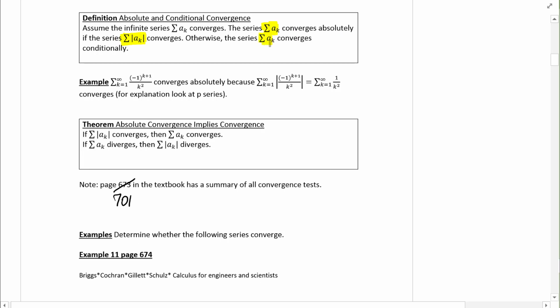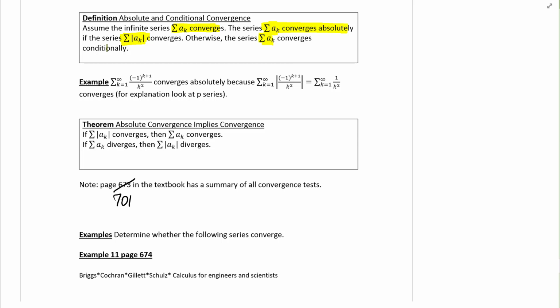Otherwise, the series sum of a sub k converges conditionally. So now we have two words. We have converges absolutely if the sum of a sub k converges in absolute value, and if it converges with no restrictions, we say conditionally.